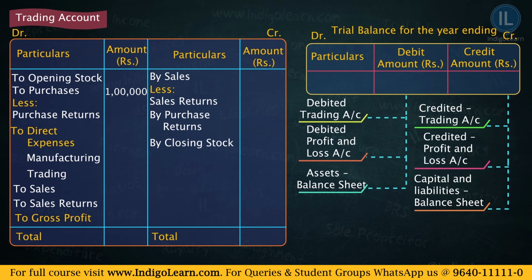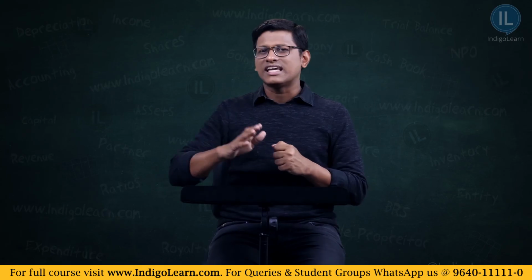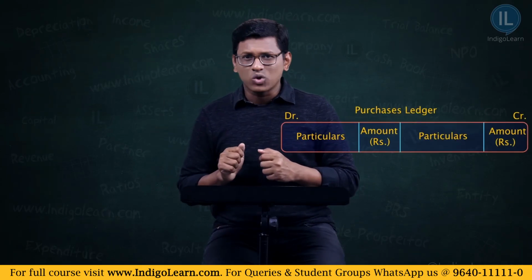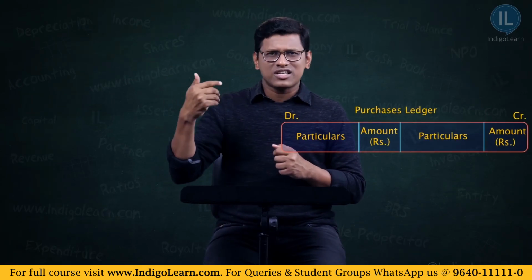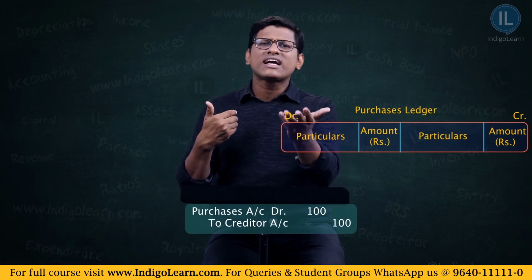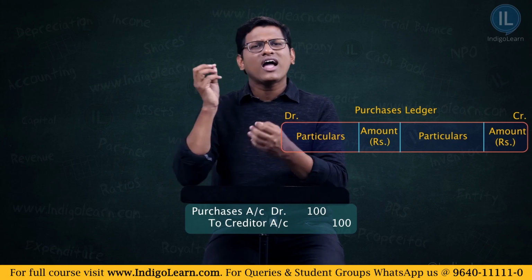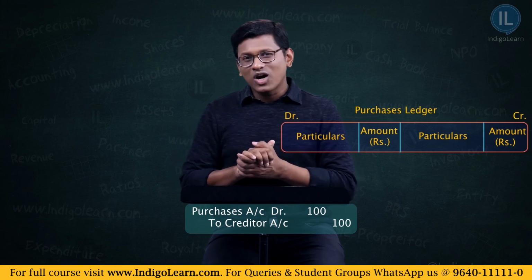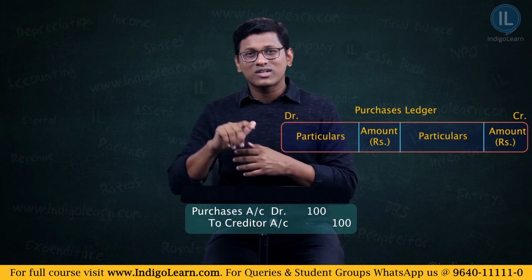So how do I do that? Purchases currently has a debit balance. How do I transfer it into the trading account? Let us look at the purchase ledger. You purchased some goods. The journal entry could have been purchases to creditor, 100 rupees. How will it appear in the purchases account?